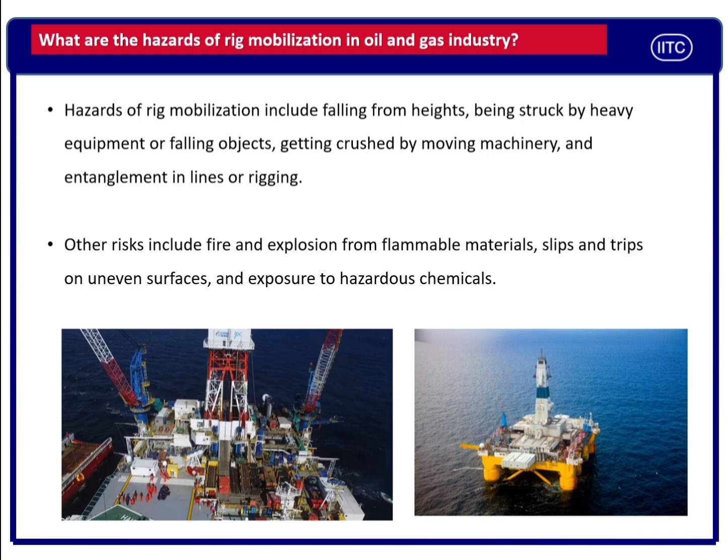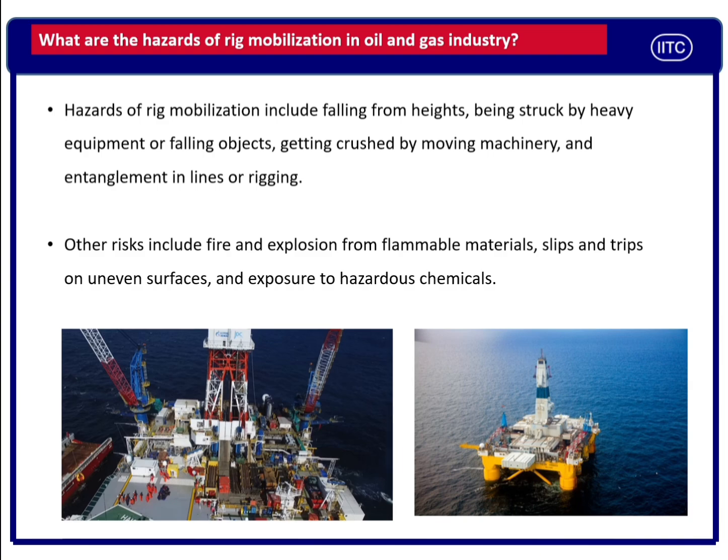Rig mobilization basically includes falling from heights, which can cause injury to workers, or being struck by heavy equipment or falling objects, getting crushed by moving machinery, and entanglement in lines or rigging.